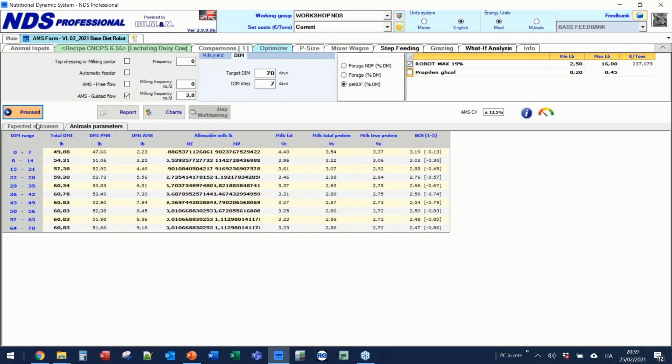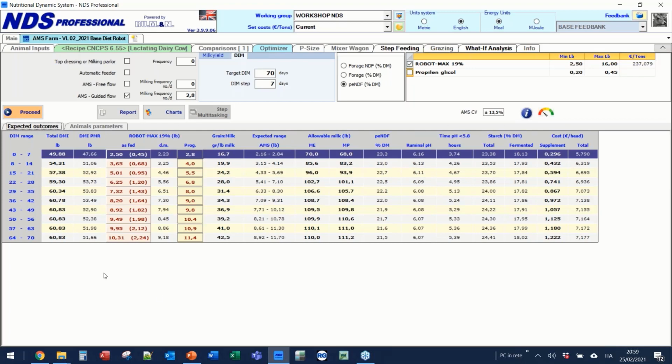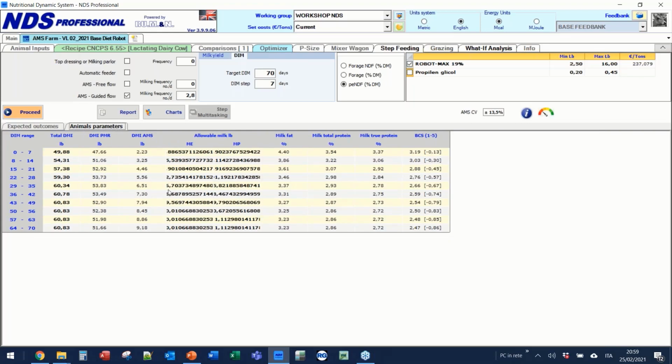I run different scenarios, and in this case the system provides the same outcomes with a maximum of 10 pounds of robot pellet at around these days in milk. And in terms of body condition loss, sorry guys, we didn't remove the decimal places here, but okay.